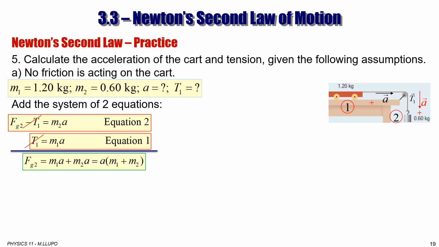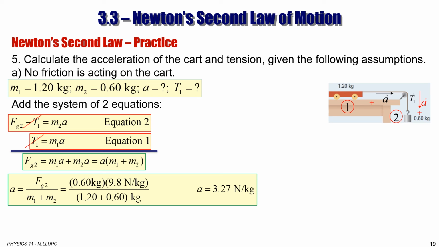So A is common, we can factor it. So there's A, M1 plus M2. Now we can solve for A. So A is Fg2 divided by M1 plus M2. And we can plug those numbers into that formula, and we find acceleration is 3.27 Newton per kilogram or meter per second squared in the direction that is labeled.